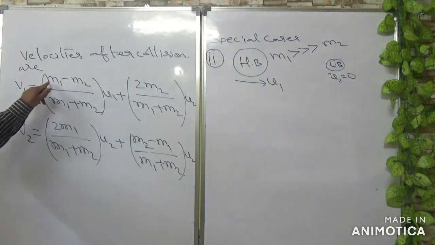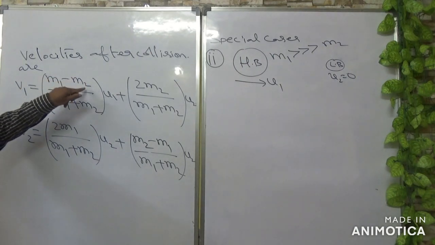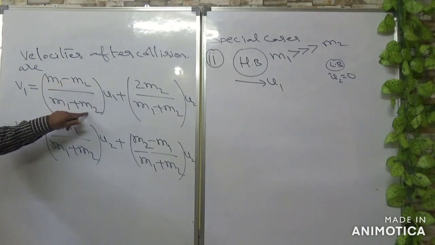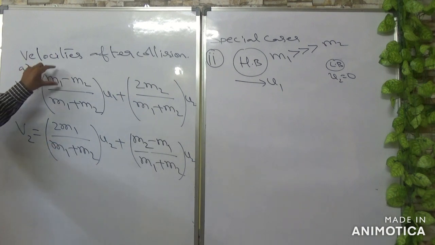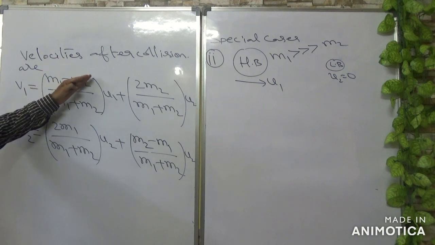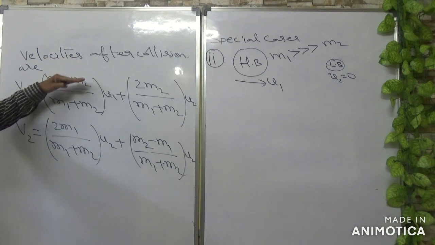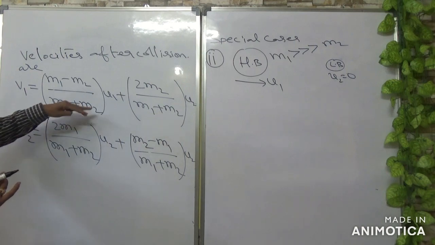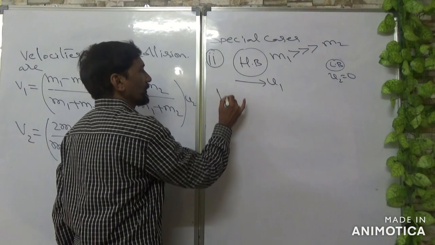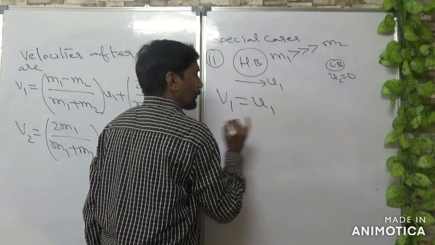So (m1 minus m2) by (m1 plus m2): m1 has a very large value, say it is 1000, and say m2 is 1. So 1000 minus 1, 999, by 1001. This ratio is almost equal to 1. So v1 is equal to u1.